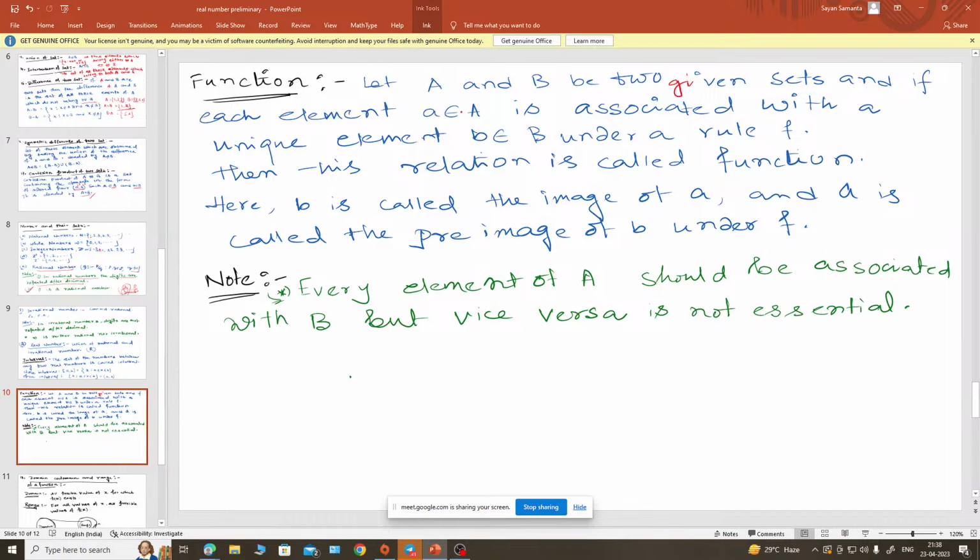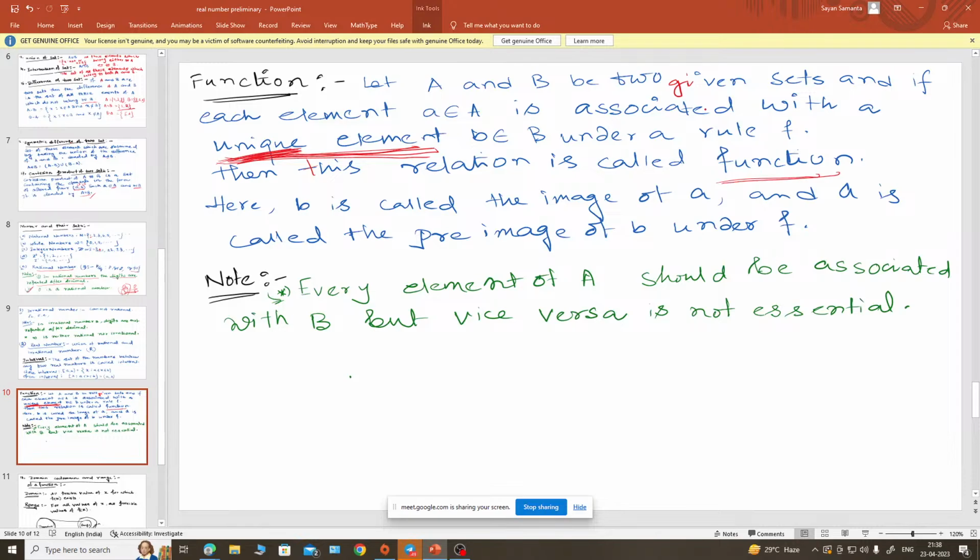If each element a belonging to A is associated with a unique element b belonging to B under a rule f, then this relation is called a function. Unique is the most important word.